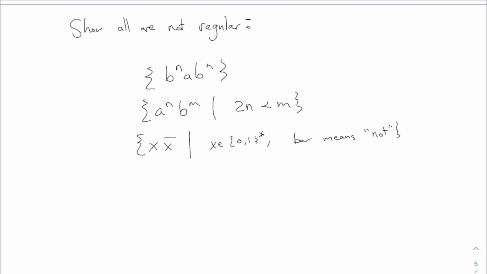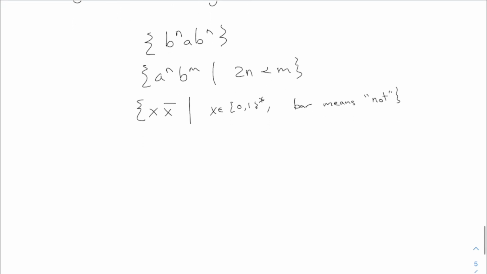Well, we got 5 minutes. Let's talk about these. I know not everybody is finished, and that's fine. I didn't quite give you enough time. As I was walking around, pretty much everybody got the first one correctly. So for the first one, b to the n, a, b to the n, this is L. You say let D_i be the derivative with respect to b to the I, because these strings begin with b's, and you want to cancel some of those b's.